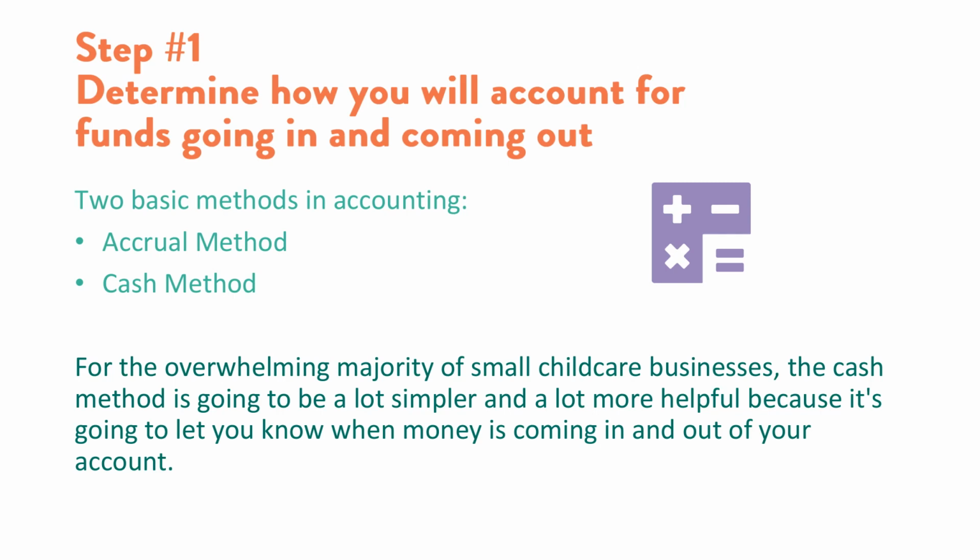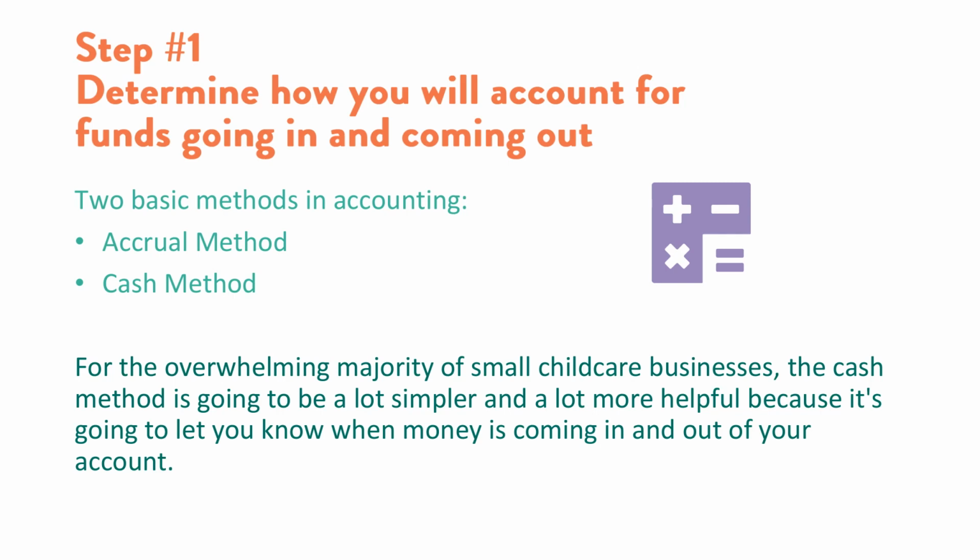The cash method is more common for childcare businesses and is less challenging, as it is based on when things are paid or received. Let's look at revenues. When a child is in your care for a week, let's say a parent owes you $200. Under the accrual method, the $200 is considered income at that time.